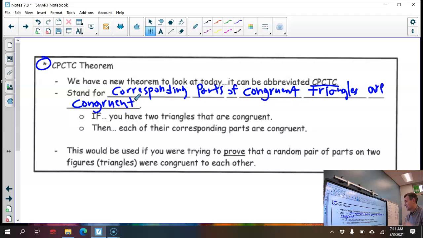Corresponding parts of congruent triangles are congruent. And it says this: if you have two triangles that are congruent, then each of their corresponding parts are congruent.